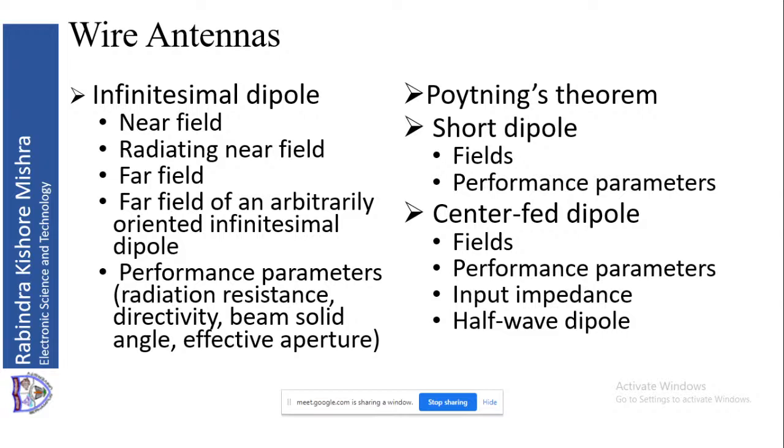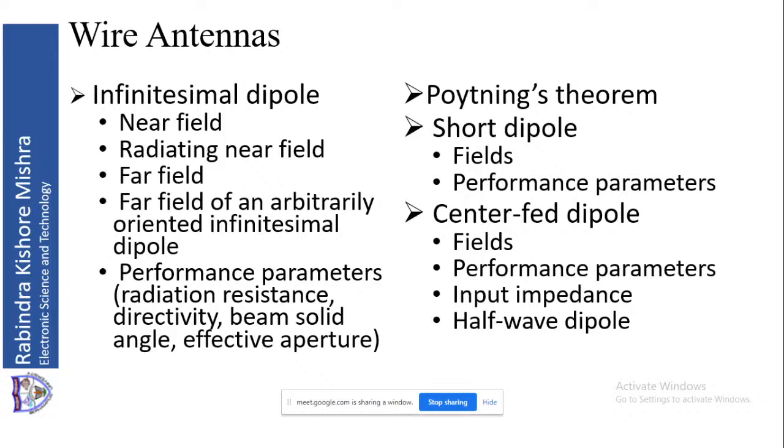So only far field is important for horn antenna. Other parts you can neglect. I wish we can have some time for discussion on horn antenna results. So we'll discuss that later if I find some time.